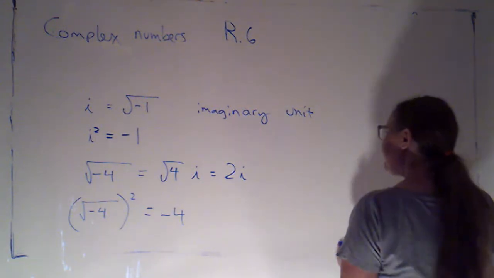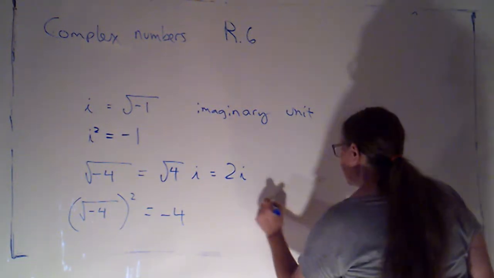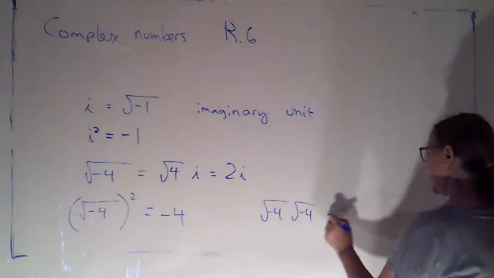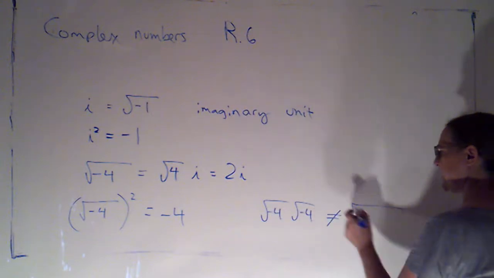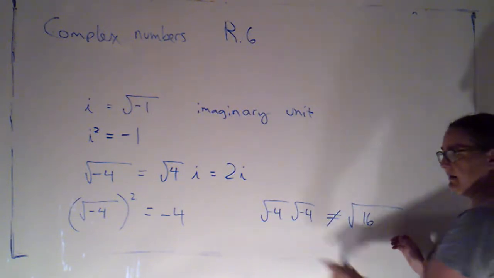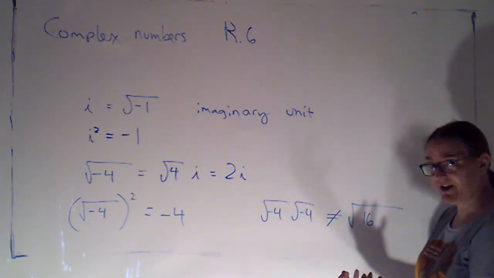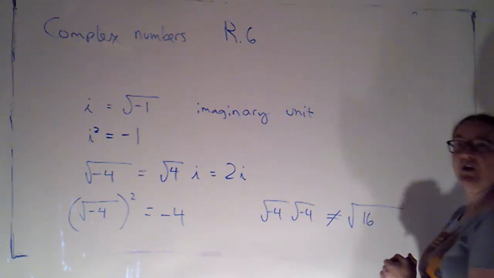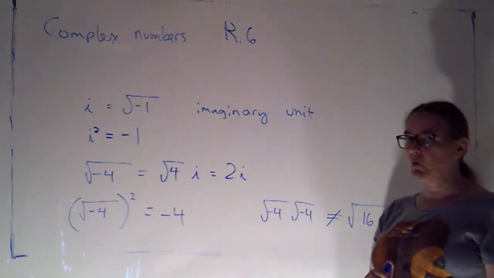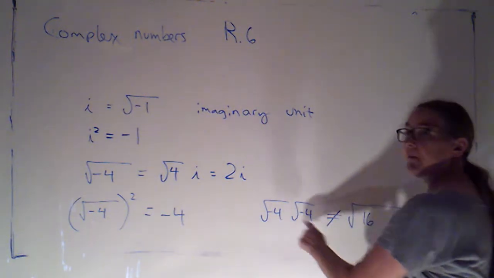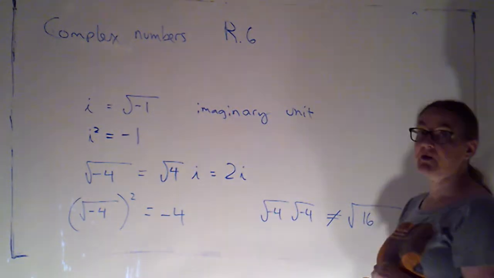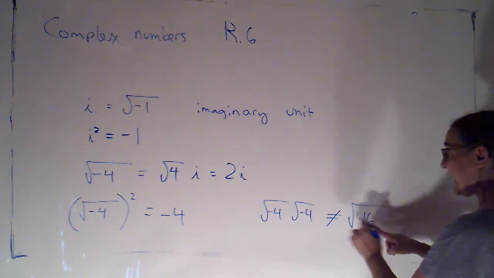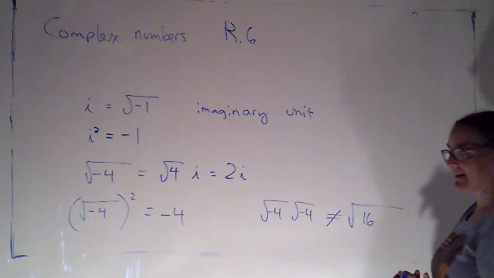If I were to try to write that as the square root of -4 times the square root of -4, I'd be very tempted to say it's the square root of +16, because I'm used to, in the real numbers, being able to do the multiplication under the radical and just put it under one big root. That's something that's only true if both numbers are positive. So that's something that's true in the real numbers that is not true in the complex numbers. So I can't just consolidate this into one root.